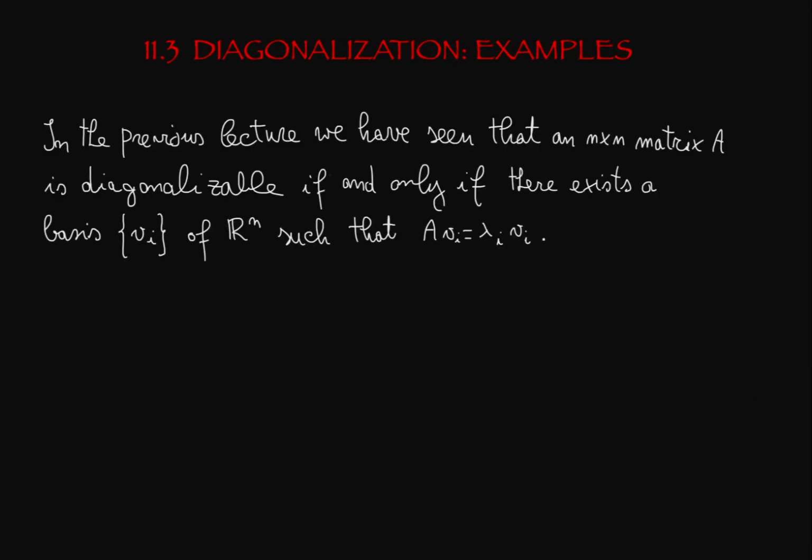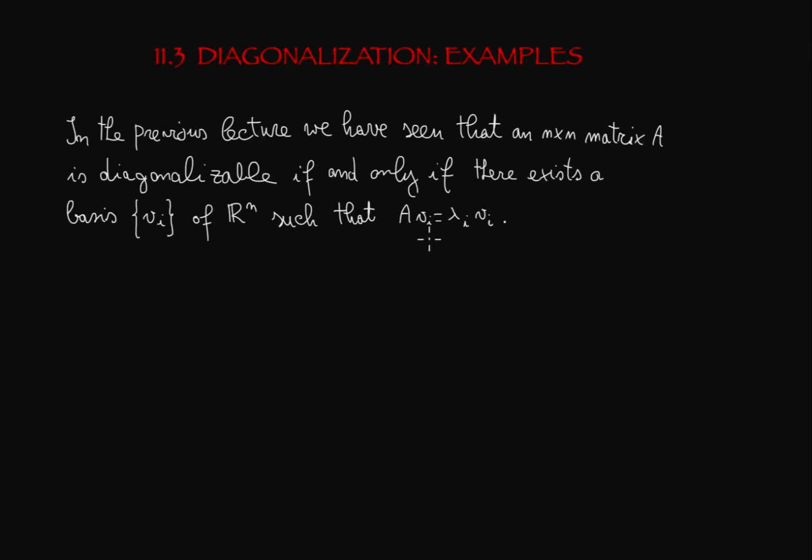Let's see a few examples of diagonalization. In the previous lecture, we have seen that an n by n matrix A is diagonalizable if and only if there exists a basis Vi of Rn such that the action of A on this Vi by left multiplication is just increasing or decreasing the length of each Vi by a certain coefficient lambda i depending on the Vi.